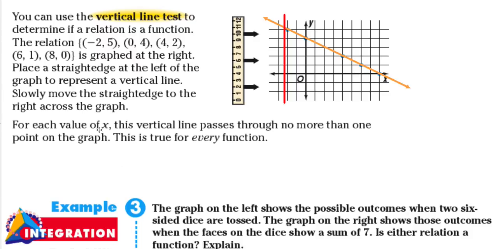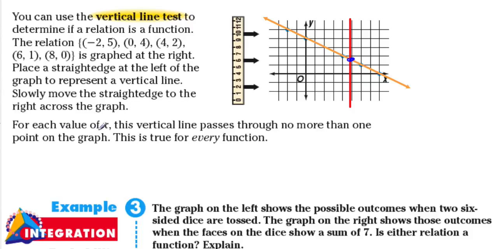So for each value of x, this vertical line passes through no more than one point on the graph. What does that mean? When I move it here, the intersection is there. That's only 1 point. When I move this line right over here, the intersection between that line and the vertical line is that point. If I move that vertical line here, the intersection is also 1 point at this point.